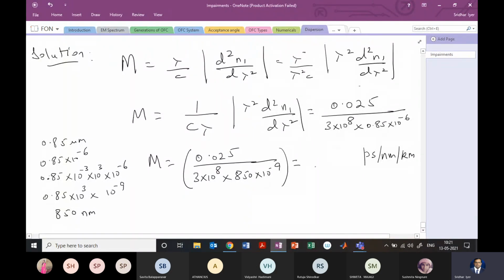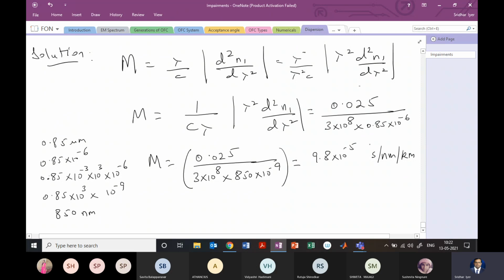Okay. So let's check what answer we get for this. 9.8 into 10 raised to minus 5. Anyone else with that answer? Yes, sir. Hold on, is that correct?